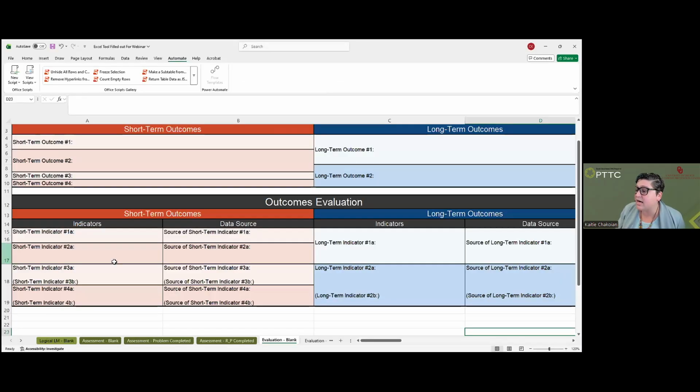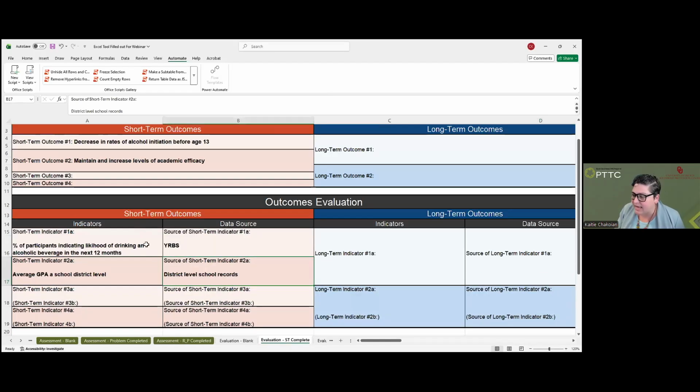All right, so then I am going to show you how this all fits into our Excel. So we're over here on our outcomes tab, and what we're going to do is drop these indicators right in. So for our short-term outcome, decrease in rates of alcohol initiation before age 13, we're saying the percentage of participants who indicate the likelihood of drinking an alcoholic beverage in the next 12 months.